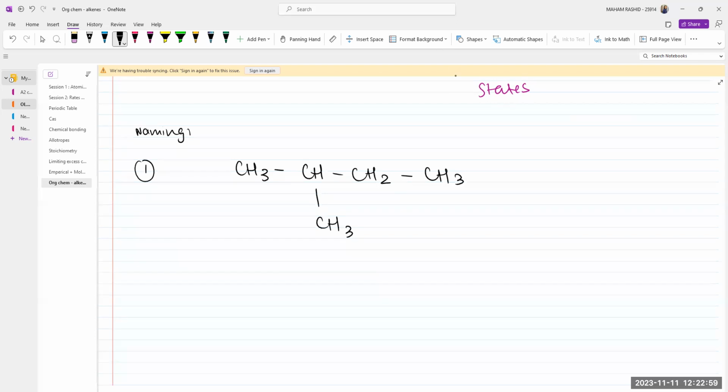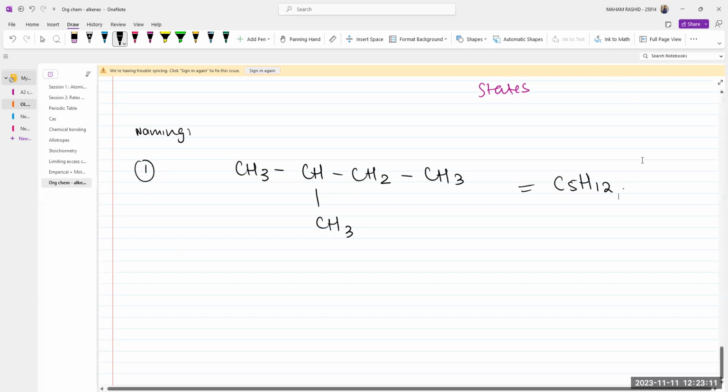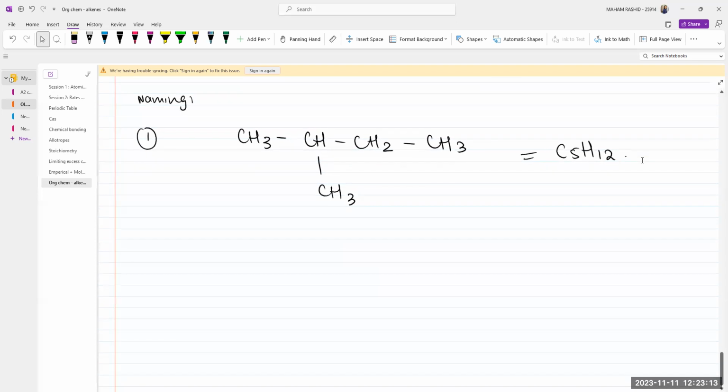Yeah, that's going to be the molecular formula, right? So what? Pentane? Wait, have you done naming in the sense of 2-methyl or 2,3-dimethyl? Have you done naming this way? Yeah. Right? So that's what I'm asking you to do. Okay, let me do this example with you, and the next one you can try on your own. Okay.